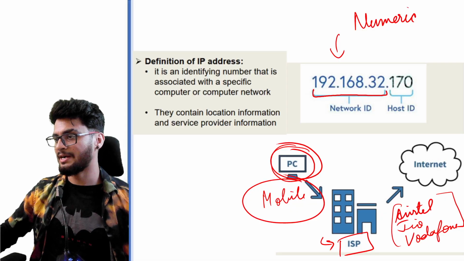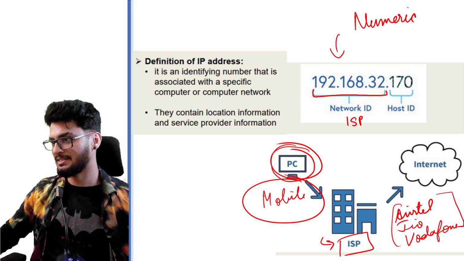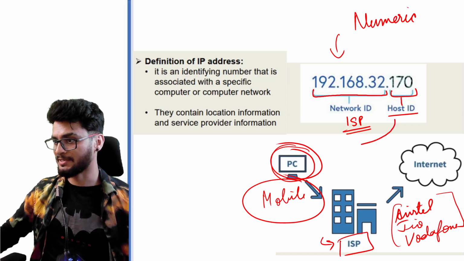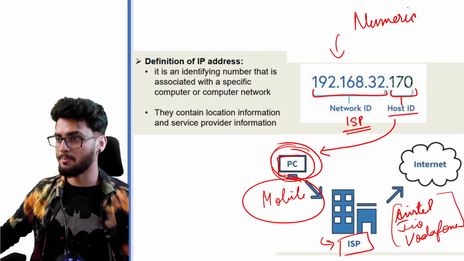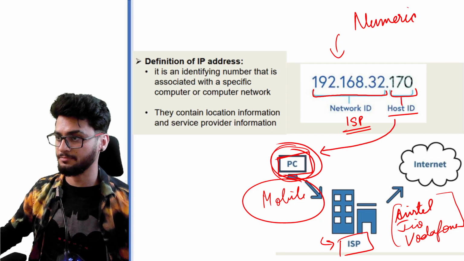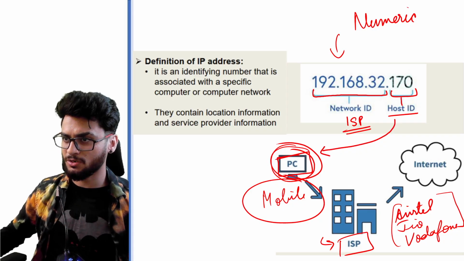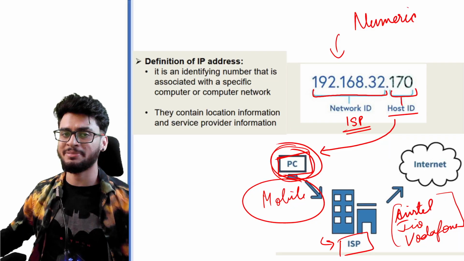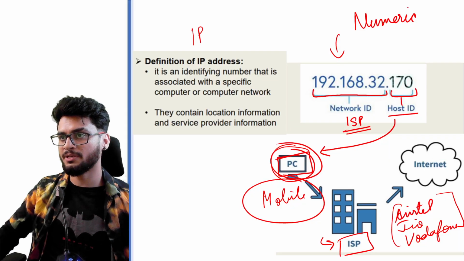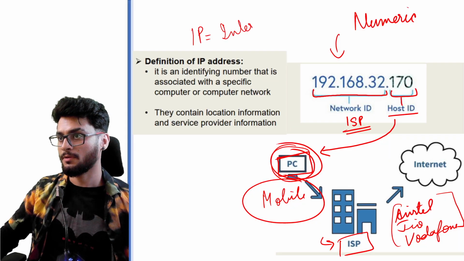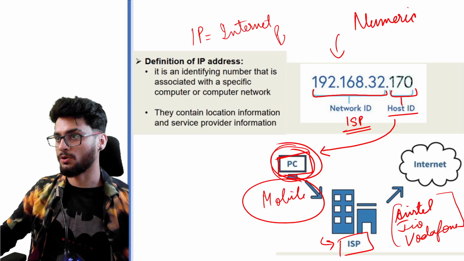There is a network ID, which represents your ISP, and there is a host ID which actually represents the number of your electronic device. You don't have to remember all this, but just understand what IP address is. IP का full form होता है Internet Protocol.